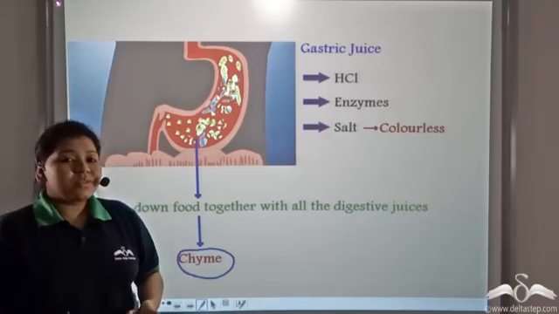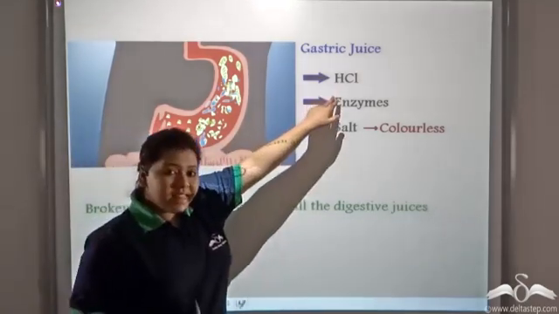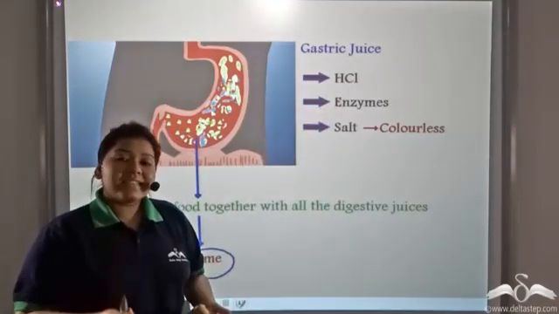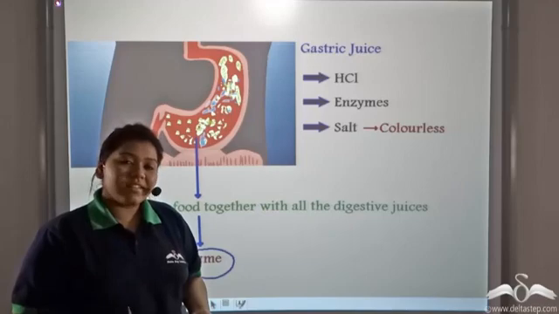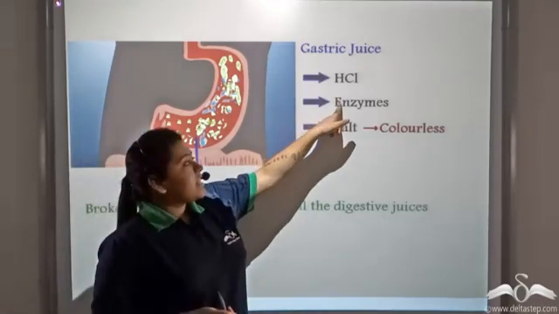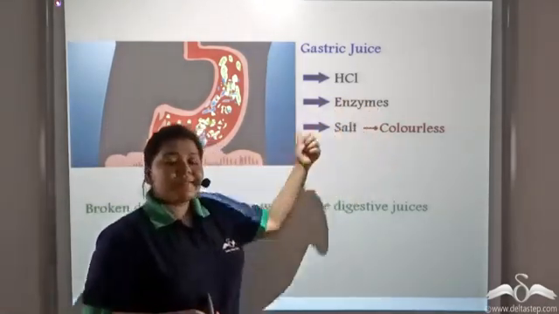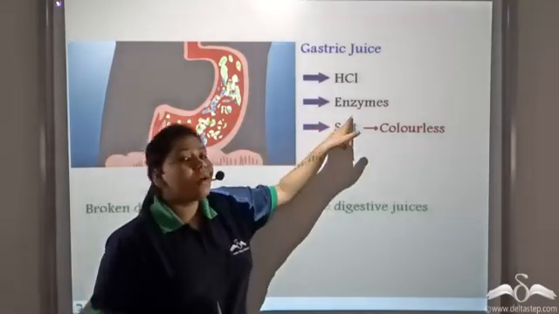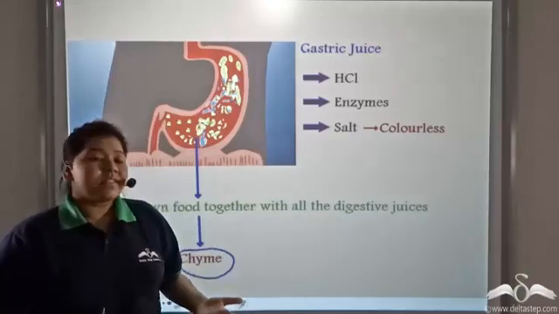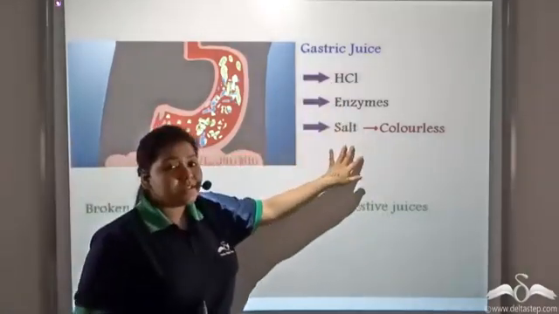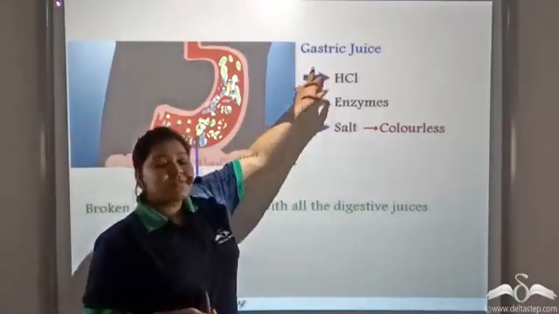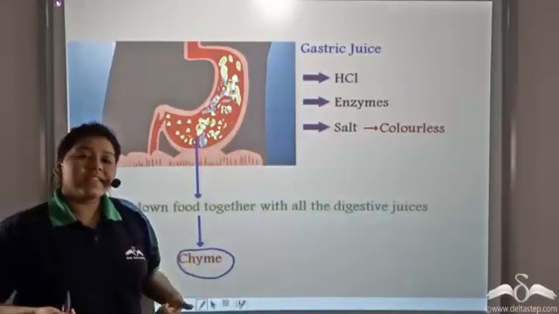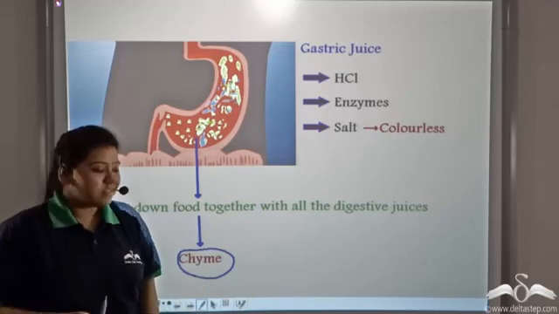The gastric juice contains HCl, which is hydrochloric acid, and maintains an acidic pH in the stomach. It contains enzymes such as pepsinogen and renin, and salts, and is colorless. So this is the composition of gastric juice, which is secreted in the stomach and helps in the process of digestion.